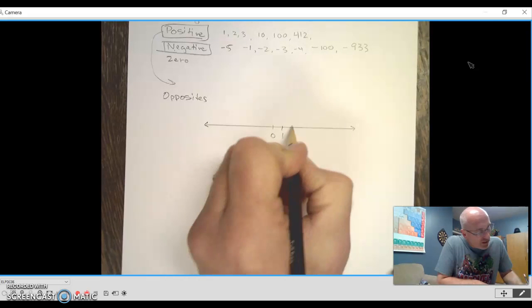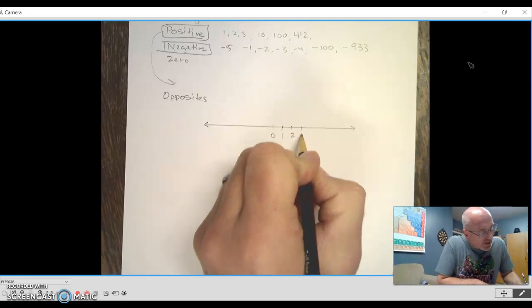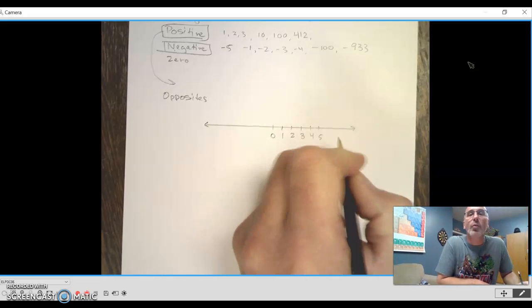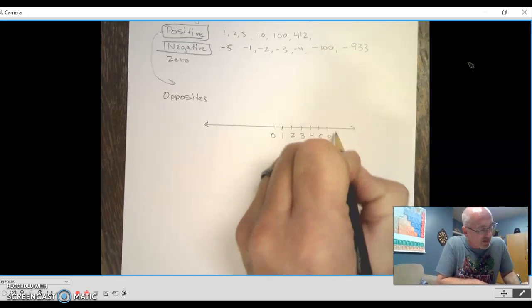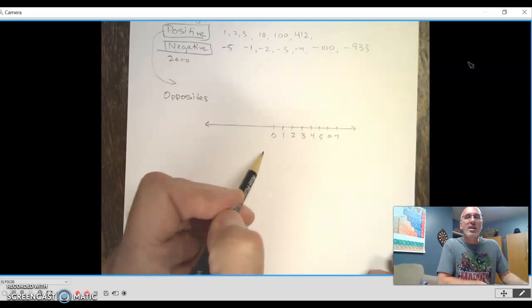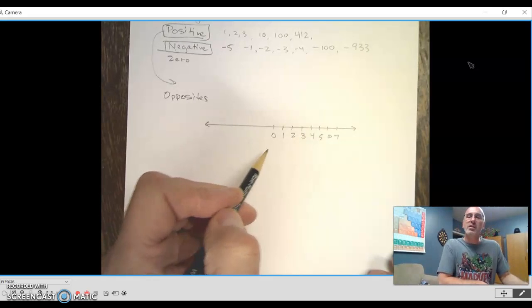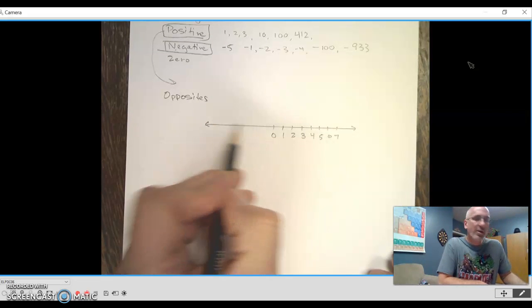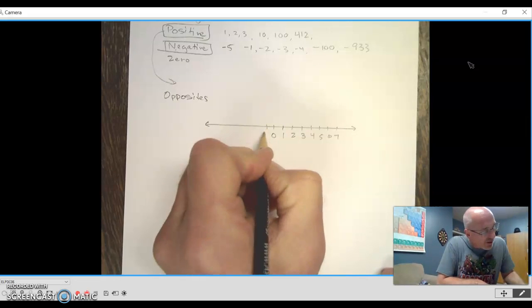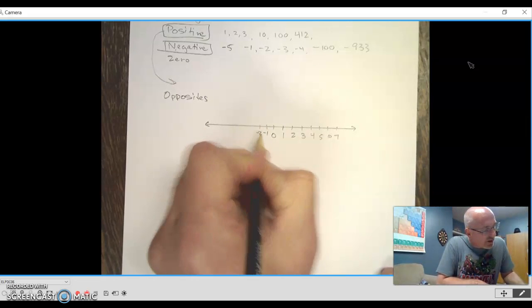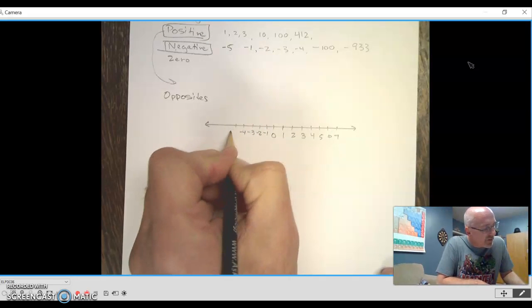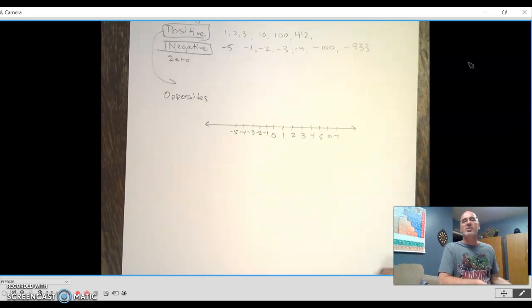We can put little hash marks and start numbering in the positive direction. You've done this before. 1, 2, 3, 4, 5, 6, 7, and we go on to infinity. Our negative numbers, remember, are the numbers that are less than 0. They're going to go off to the left side of 0, and we're going to put -1, -2, -3, -4, -5, and so on and so on.